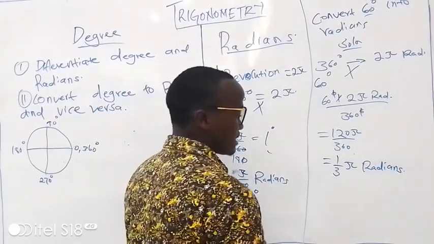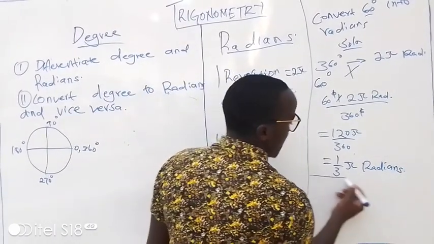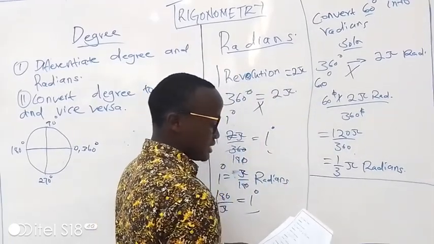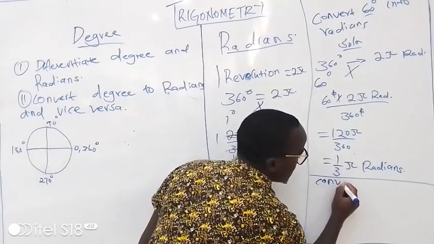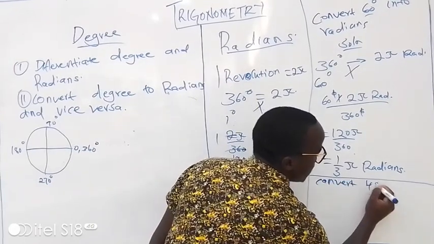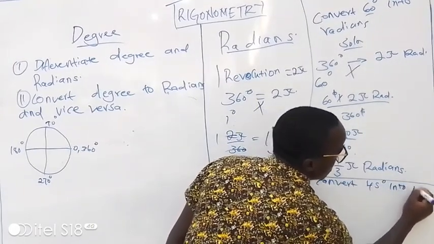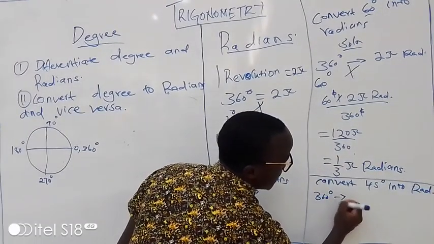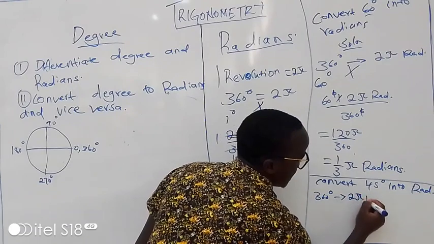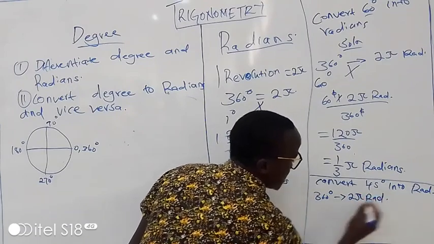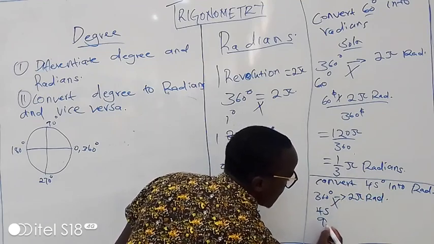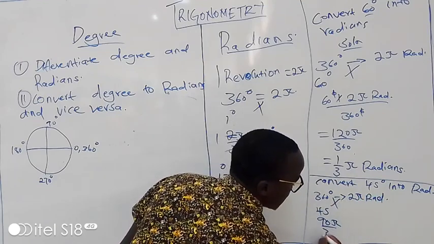So we can look at another example. The example says: convert 45 degrees into radians. Here you say 360 degrees is equivalent to 2 pi radians. What about 45? If you cross multiply, you get 90 pi over 360.